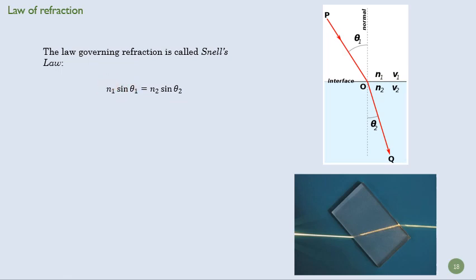In this case, this value here is smaller, which means that this sine value is larger, which means that that angle is larger. So as this gets bigger, then this guy has to get smaller, which is why this angle is smaller in the slower medium.